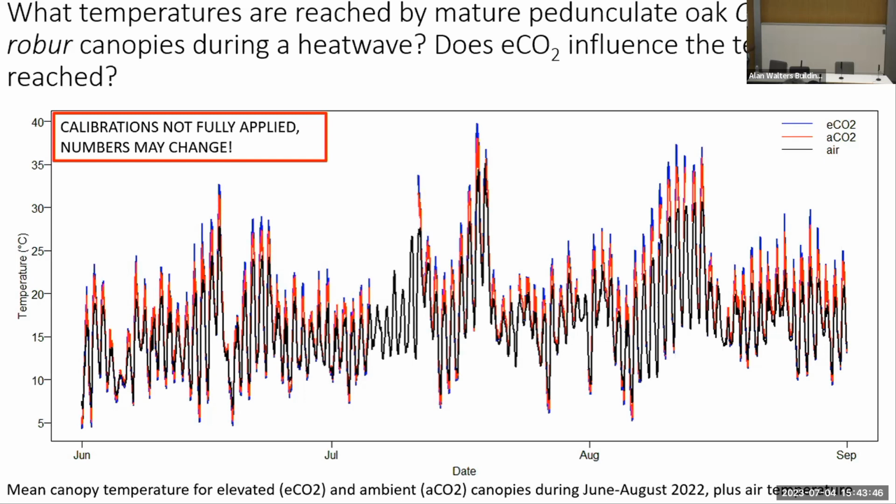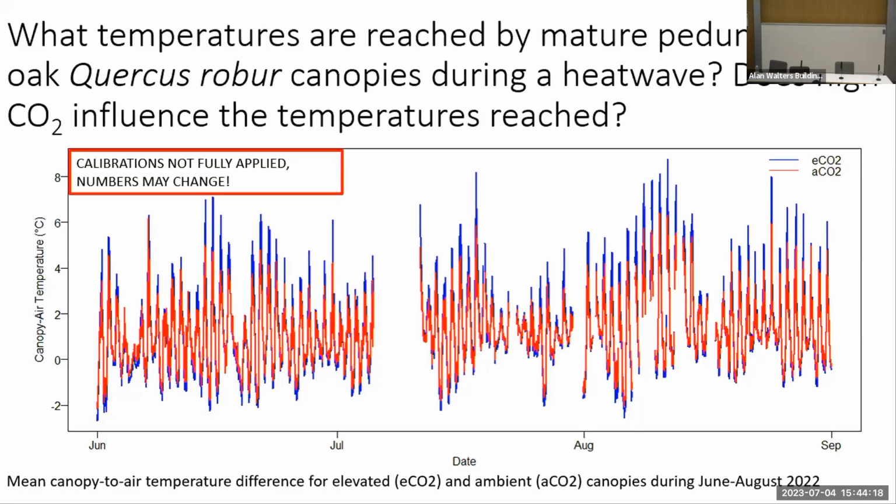So this is the pattern for 2022, and the heat wave event was captured in July and also in August. We are still working on the calibrations. I'm fortunate to be granted some funds from ECT to acquire leaf thermocouples to actually measure the leaf temperature, and it's all geared towards calibrating the measurements.